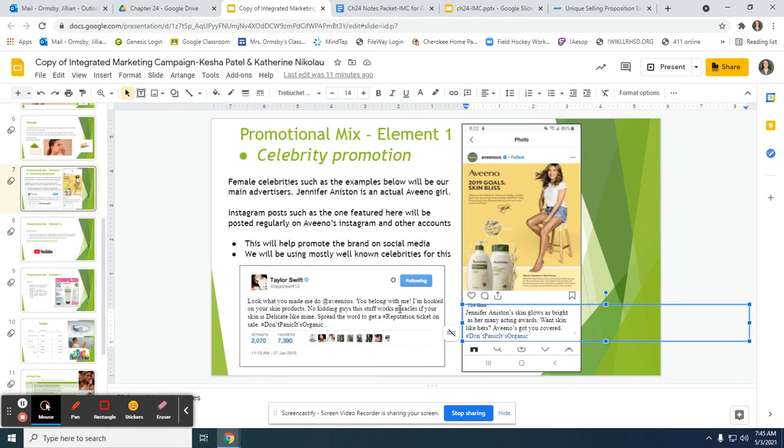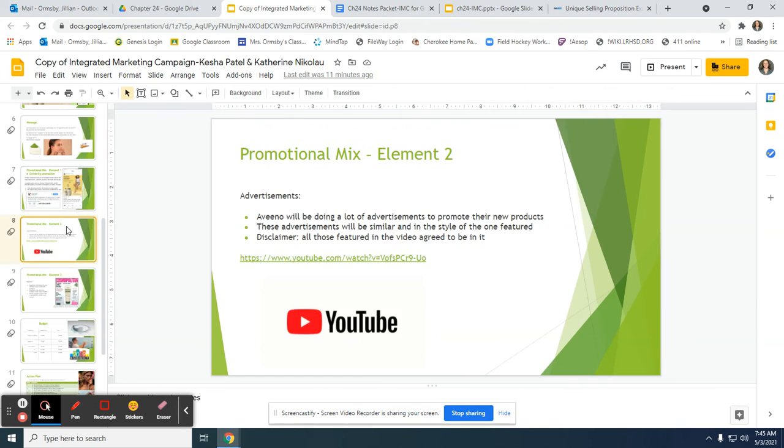So you can see here this is an Instagram post by Taylor Swift, and this is an Instagram post by Aveeno itself, but it also features Jennifer Aniston. Both feature that hashtag.